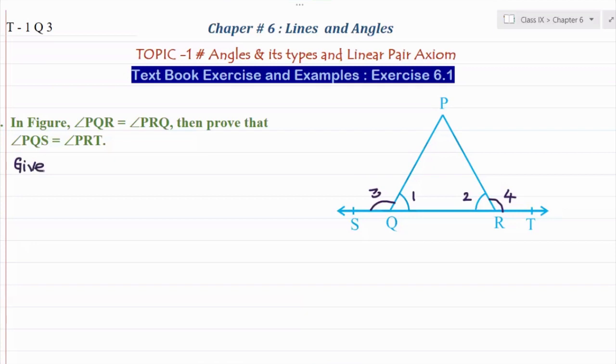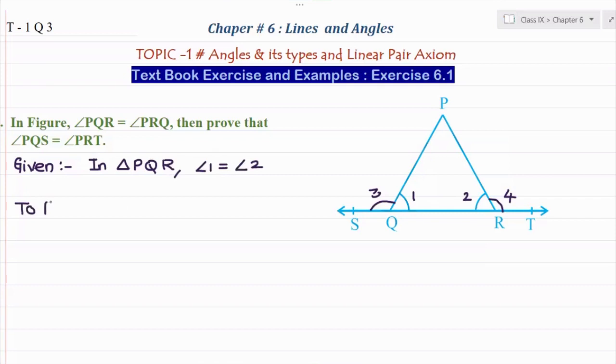So given what we have here, first of all we will write down in triangle PQR. We have given basically one triangle PQR. Which two angles are given equal here? Angle PQR, that is our angle number 1, is equal to angle PRQ, that is angle number 2. So we can say that angle 1 and angle 2 are given equal.